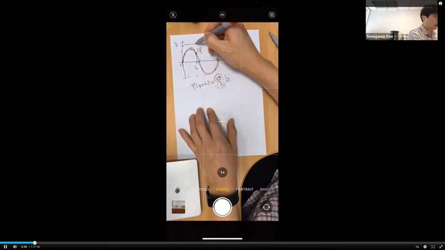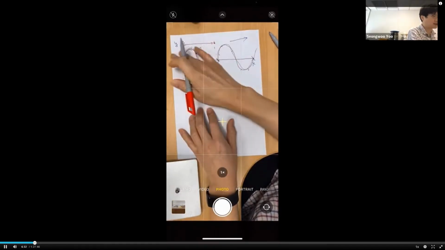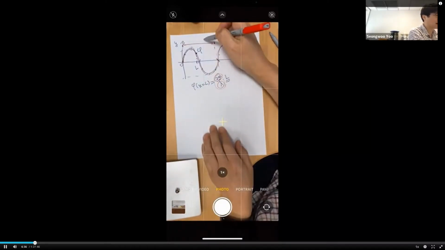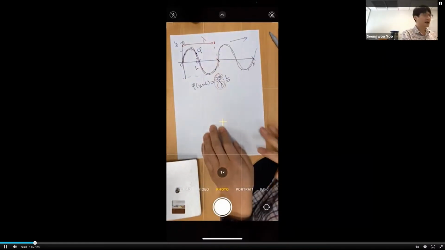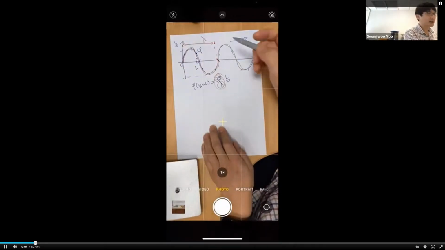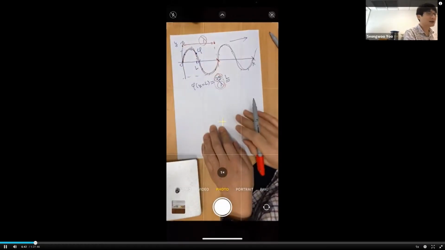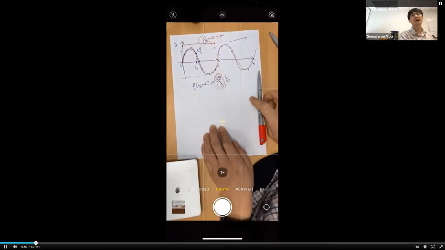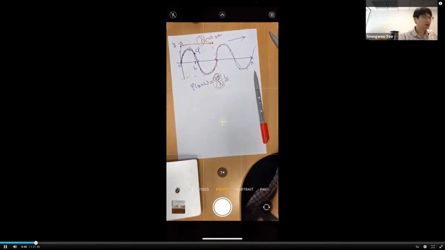Therefore, the distance or length of this one oscillation is defined as the wavelength. Now you can see that this wavelength is related to the 2 pi. Whenever you have 2 pi of phase shift, you have one wavelength.